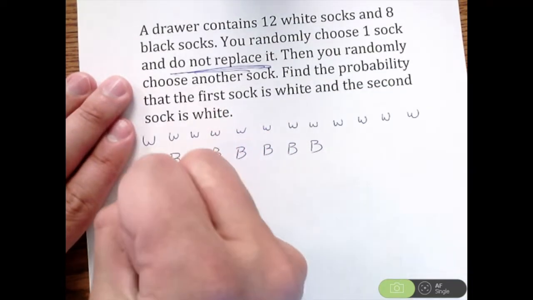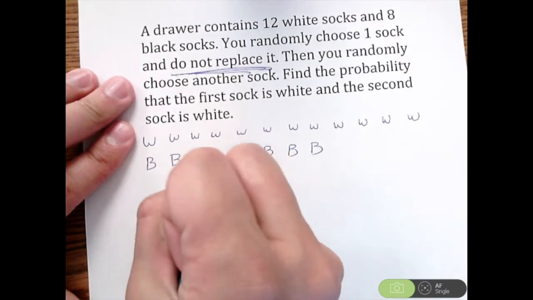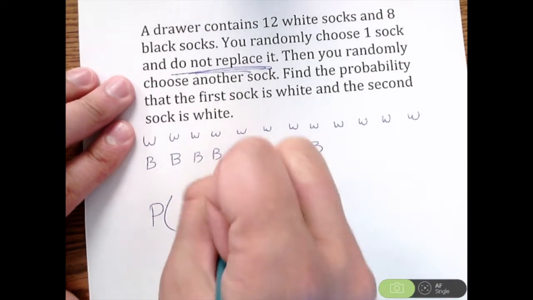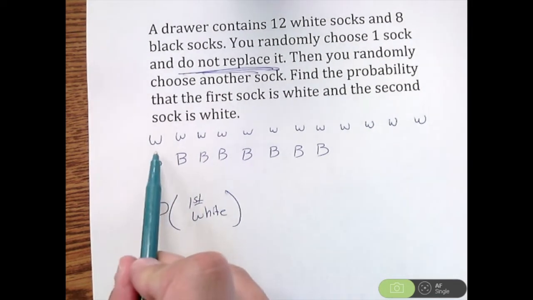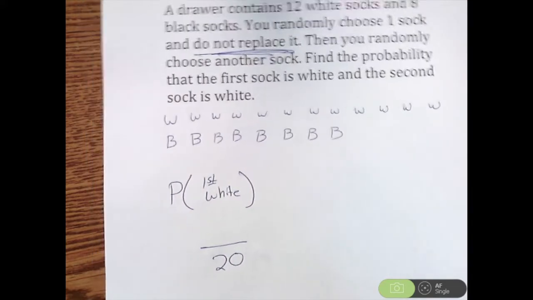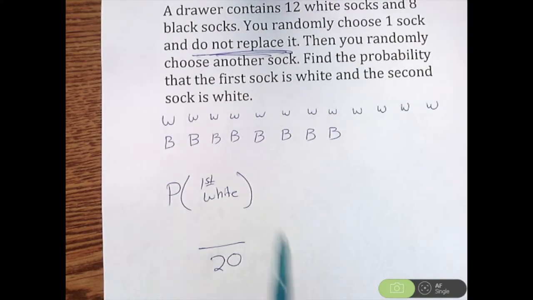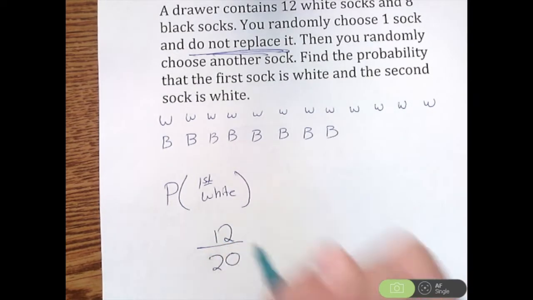So let's start with that. The first sock is white. So looking at all these, I have 20 total outcomes available there. And I have 12 options for that white sock.